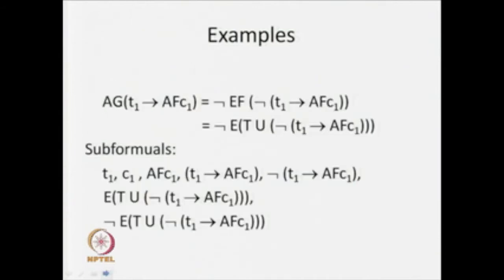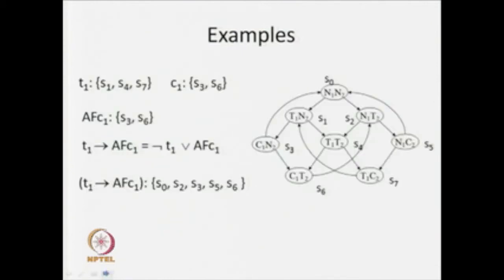Now, the next formula we have is T1 implies AF C1. When we come to this sub formula, we know the labeling of these three sub formulas T1, C1 and AF C1. Now, T1 implies AF C1 is equivalent to not T1 or AF C1. So, this is a simple logical connective.